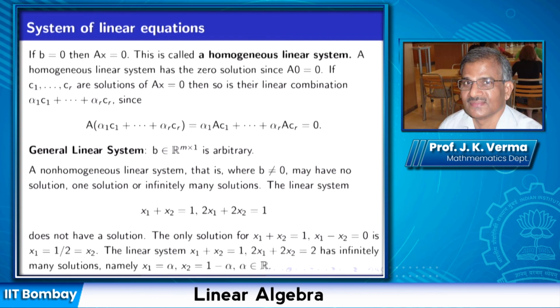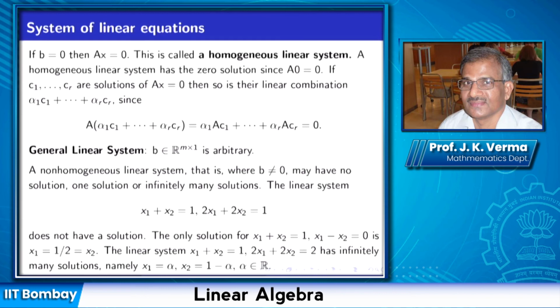We can write down the general solution of x1 plus x2 equal to 1 and 2x1 plus 2x2 equal to 2 in terms of real numbers. These two equations have infinitely many solutions because geometrically these are exactly the same line. So these two lines coincide, and therefore we expect infinitely many solutions, and we can write them down by substituting an arbitrary value x1 equal to alpha, and then x2 becomes 1 minus alpha.